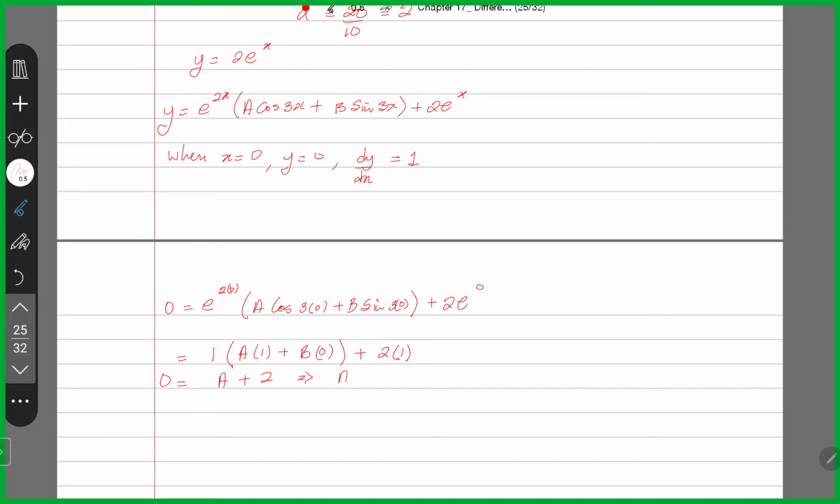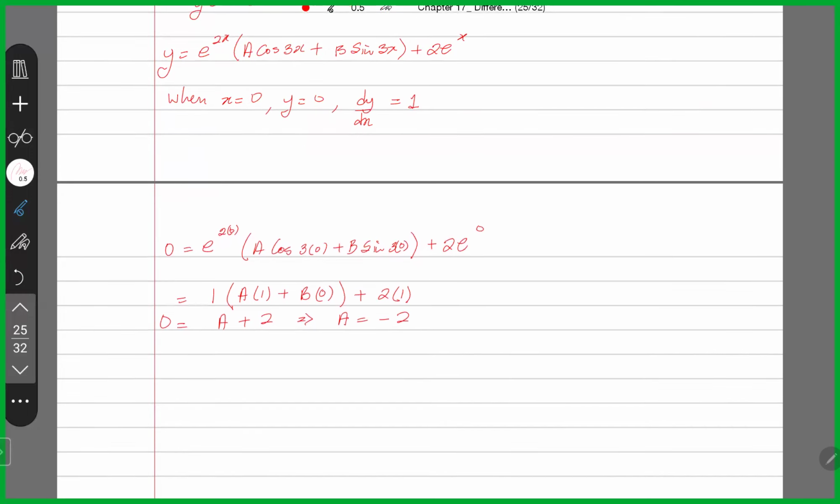Therefore, a is equal to minus 2. So with that, we now have y is equal to e to the 2x, open bracket, minus 2, the cosine of 3x plus b, the sine of 3x plus 2e to the x.